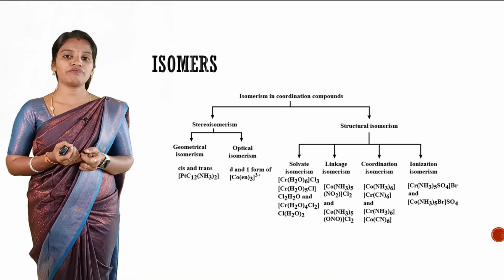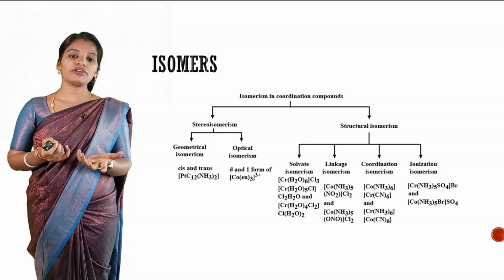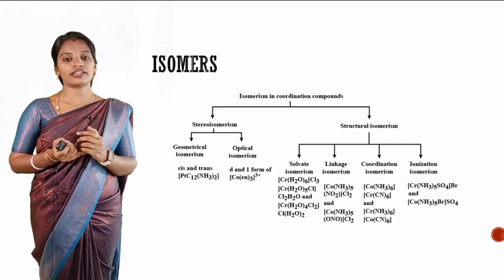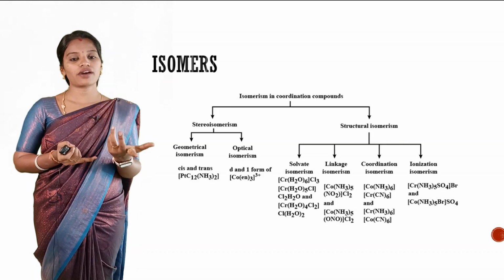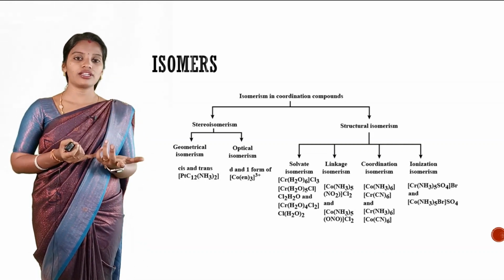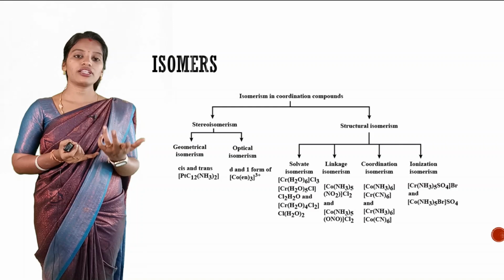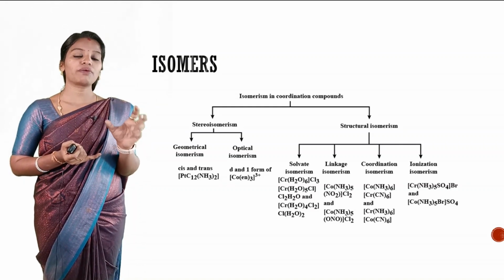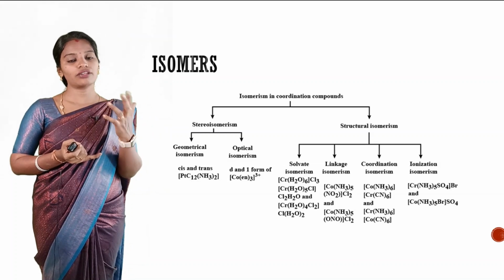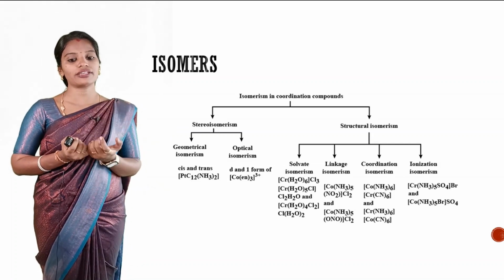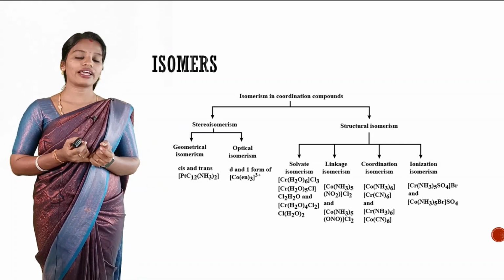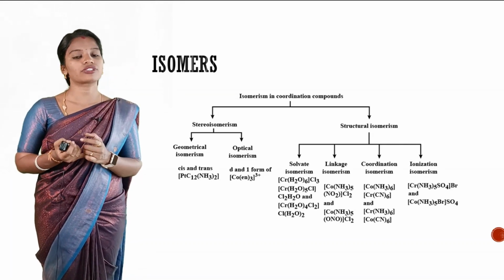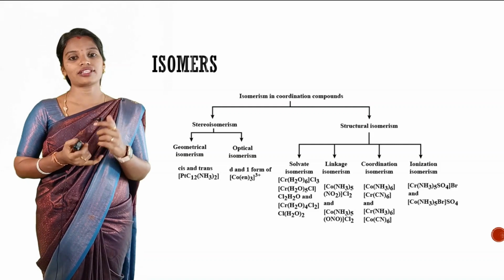And then isomerism. Isomerism is the secondary evolution after Werner's theory. There are two kinds of isomerism. One is structural isomerism, which relates to the same molecular formula but different bonding arrangements. The other is stereoisomerism, which we will deal with in the next class.